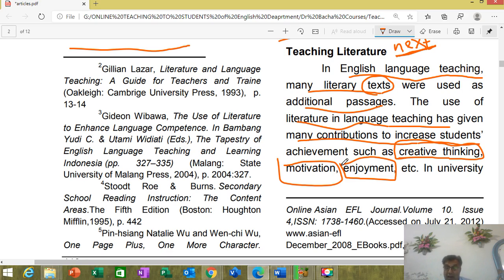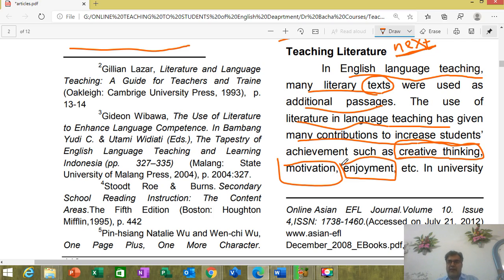And above all, in a literary text, for example, in a novel or in poetry, when you feel thrilled, it keeps on motivating you until you finish that piece of literature. Like any drama or film, for example nowadays this Portuguese drama, which has got more than 3 billion viewers.